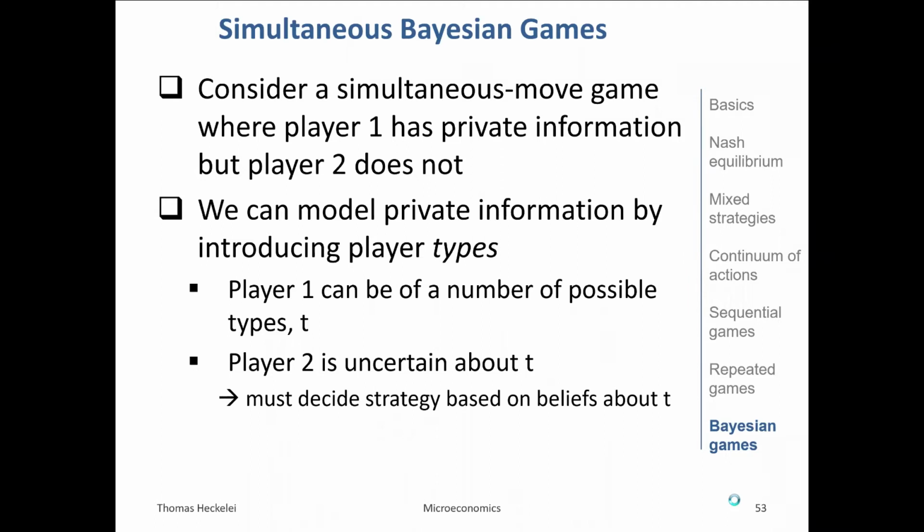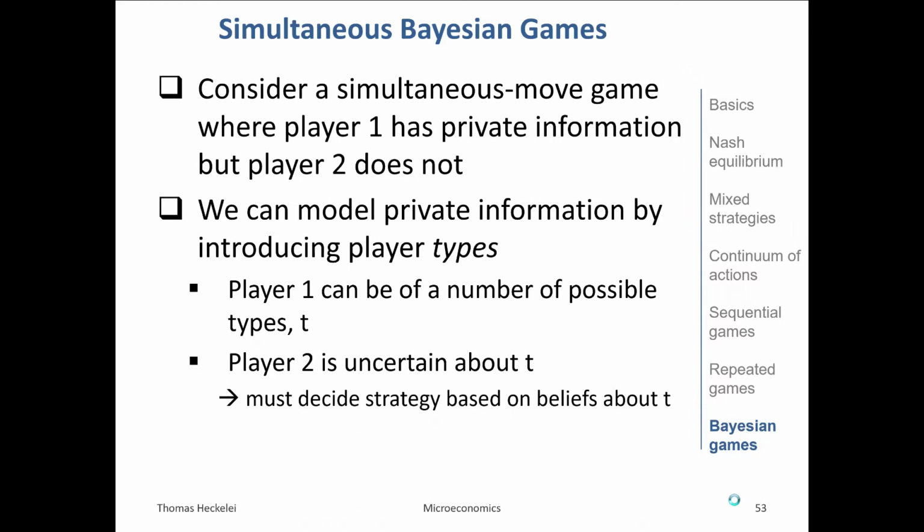Because the problem at hand with incomplete information is already quite complicated, we will start with the simplest possible version of this game, which is simultaneous move, like several before. One player, here called player one, has private information, but player two does not.